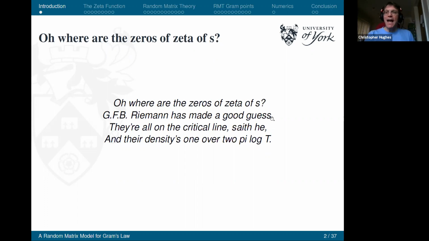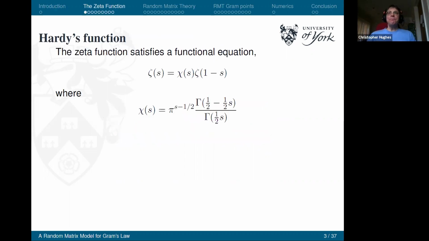And this talk is all about the zeros of zeta in some sense, and how well behaved they are. So I want to remind us of things that I'm sure we are all reasonably familiar with. The Riemann zeta function satisfies a functional equation that maps s into 1 minus s of this form that I've got up on the screen.